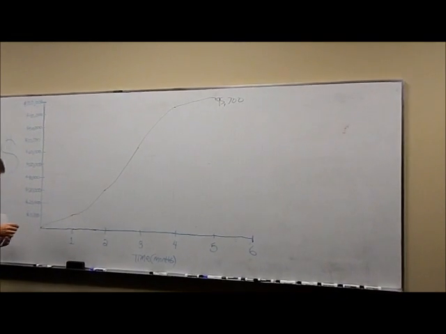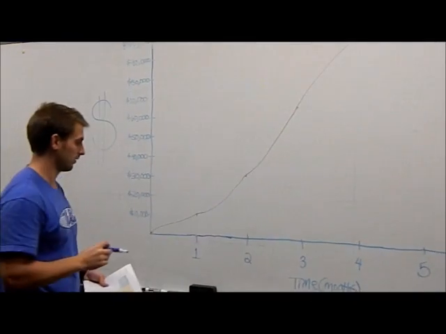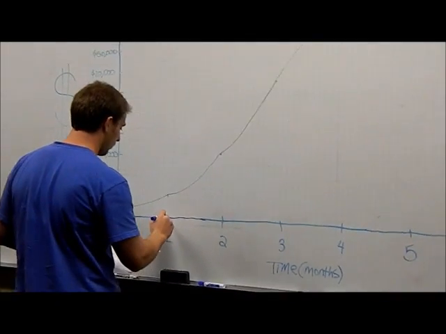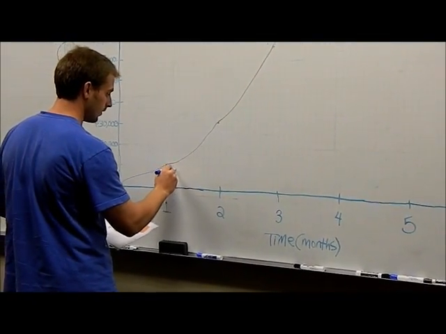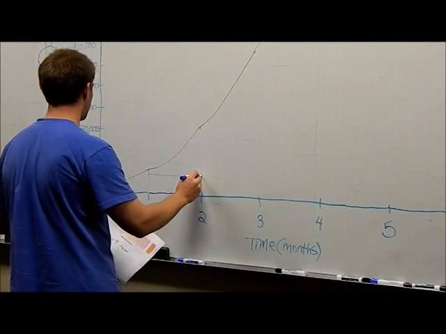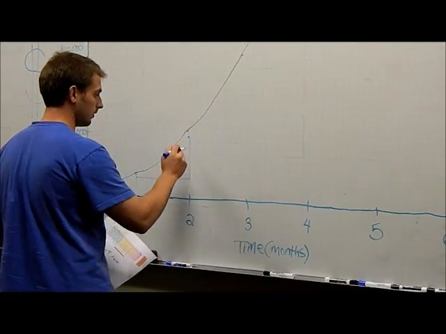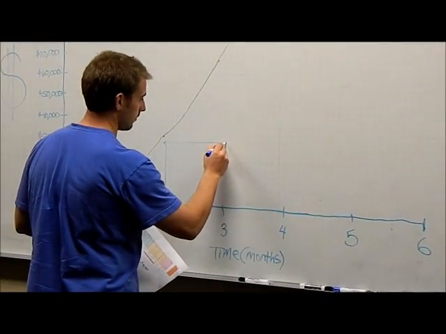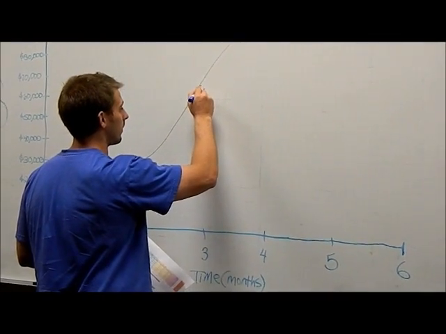Now we'll graph the actual amount of money received less retainage. So for month 1, we get 90% of $10,000. Month 2, 90% of $30,000. Month 3, 90% of $60,000.